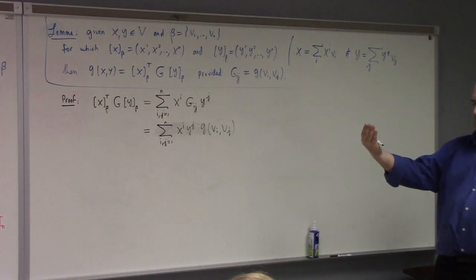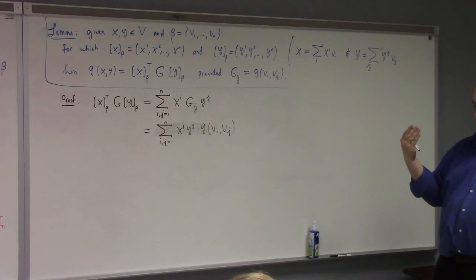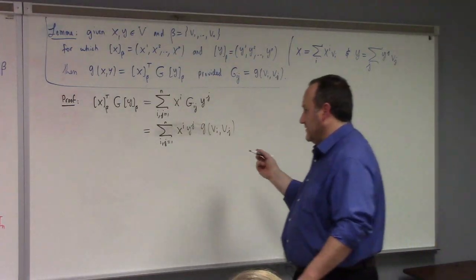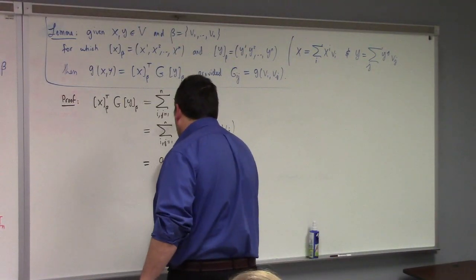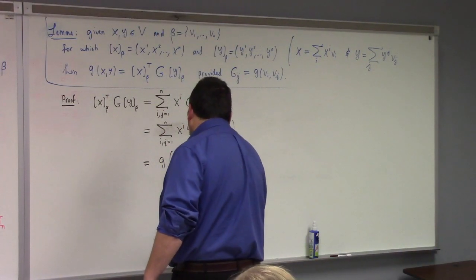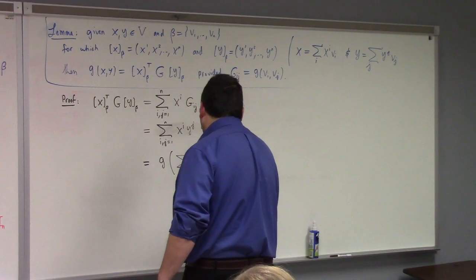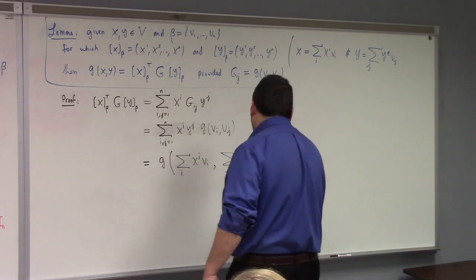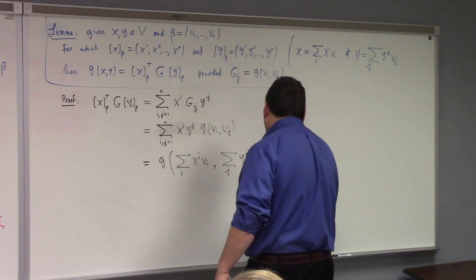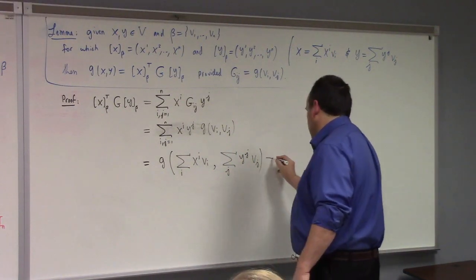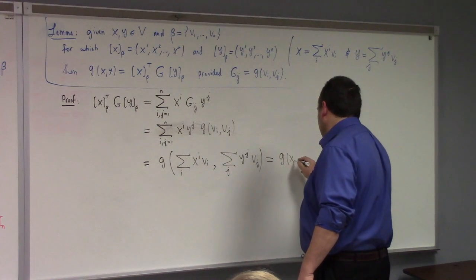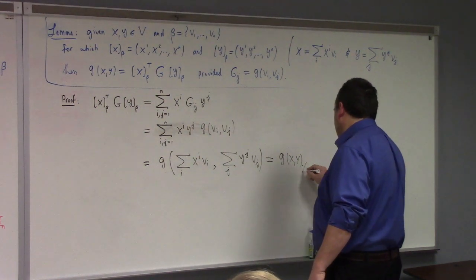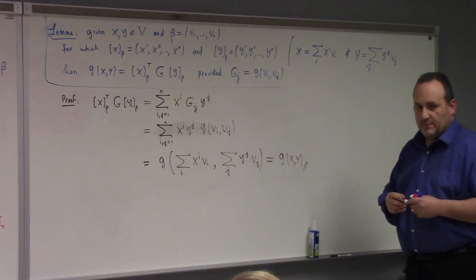But then I can use the bilinearity of g to pull those summations and constants inside the little g. See, that's really g of the sum over i of x_i v_i, comma, the sum over j of y_j v_j. See, this is just by the bilinearity. And that's just g of x comma y, right? So there you go. We've got the lemma.